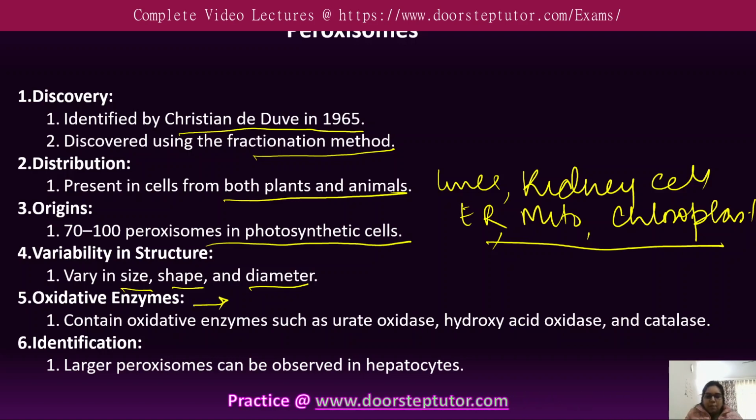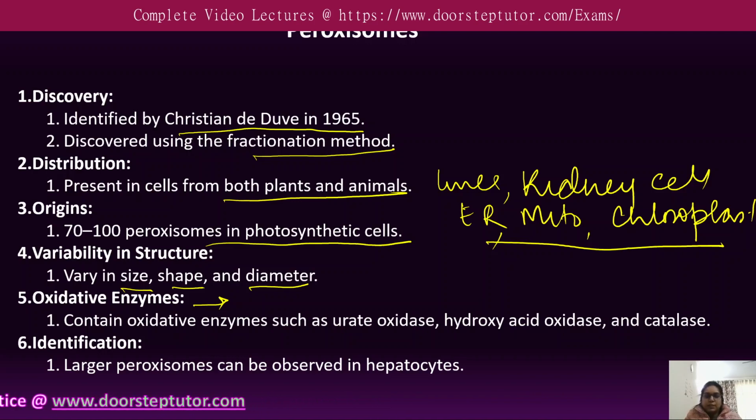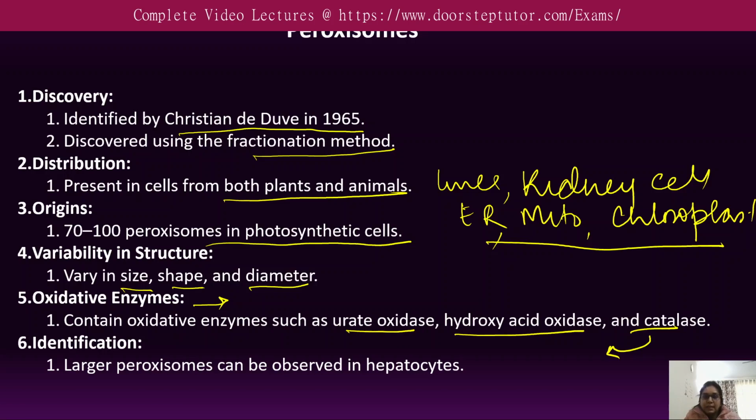Oxidative enzymes are present in the peroxisomes, such as urate oxidase, hydroxyoxidase, and catalases. And what does catalase actually do? Catalase rapidly metabolizes hydrogen peroxide, H2O2, which is produced during oxidative processes.